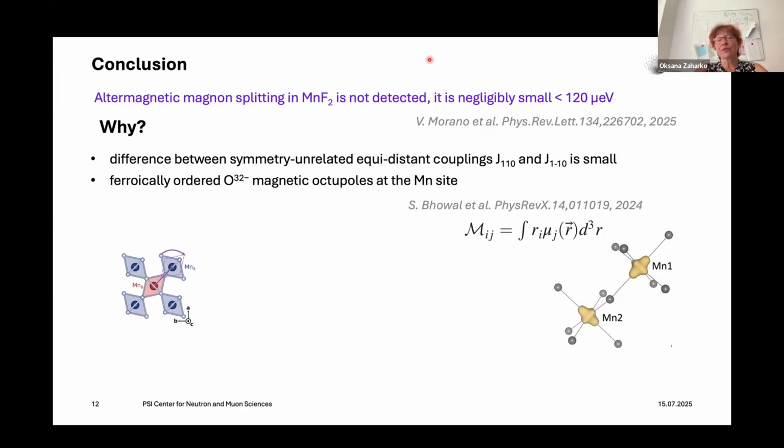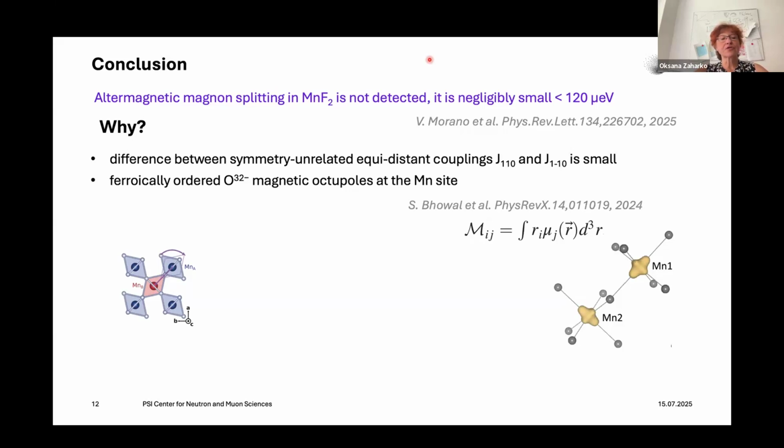From this experiment, we can only say that these J diagonals are not that different as one expected. And here I refer to the article of theoreticians who also took manganese fluoride as an example of how to calculate the multipolar expansion of the spin density.